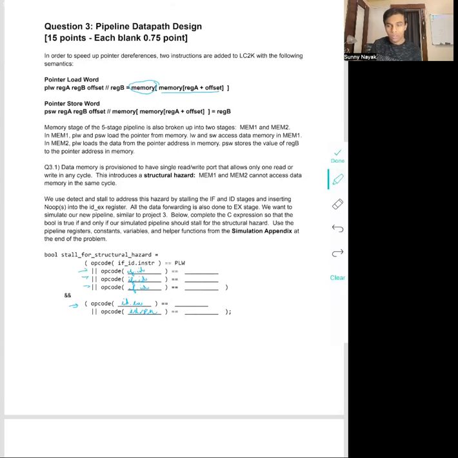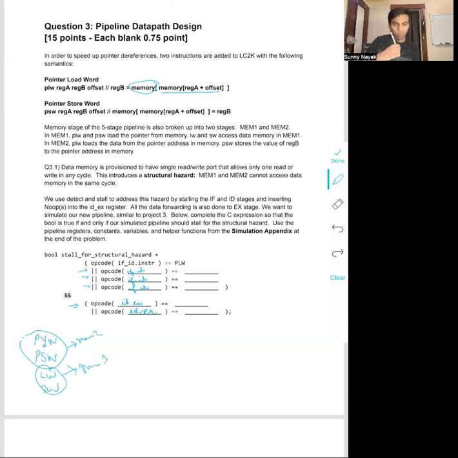So let's think about what sequence of instruction accesses causes this hazard. Essentially, it just says I can't access mem1 and mem2 in the same cycle. The only instructions that access any memory are going to be PLW, PSW, LW, and SW. Which ones access mem2, and which ones access mem1?